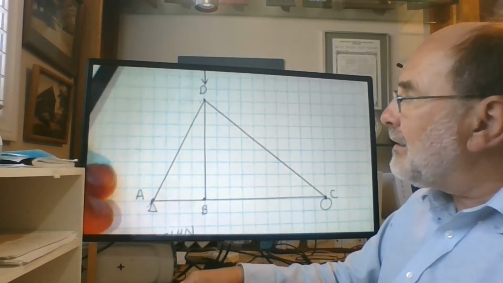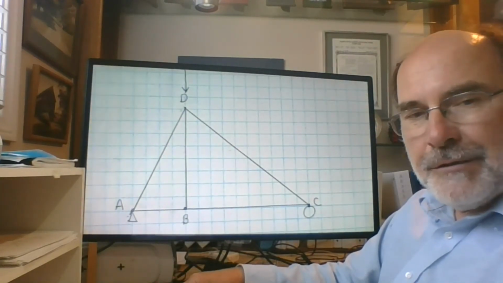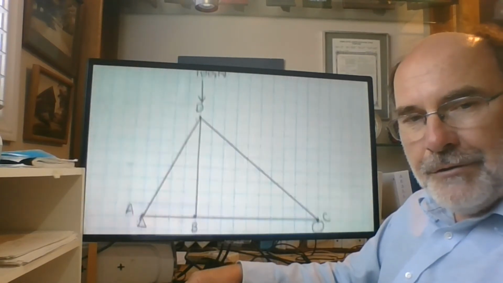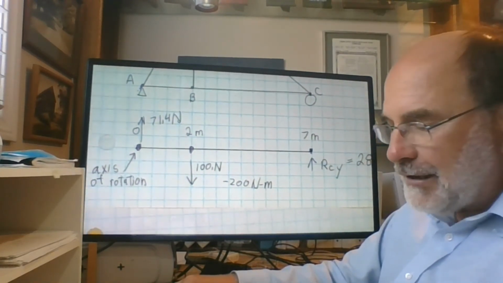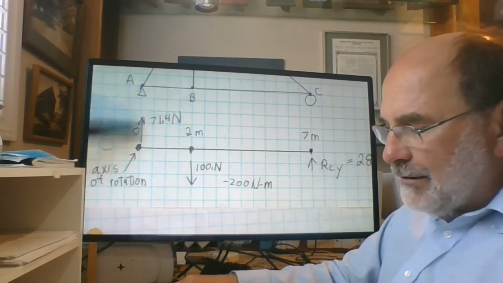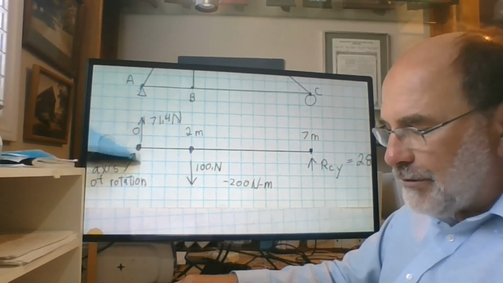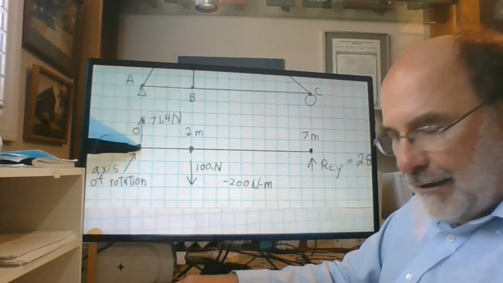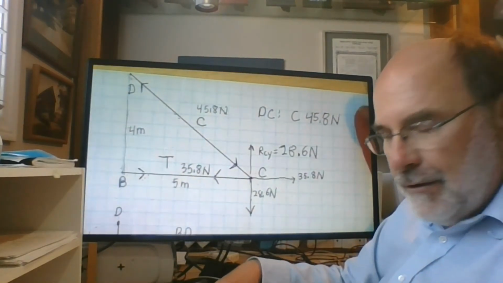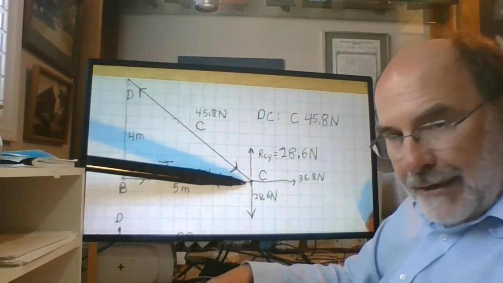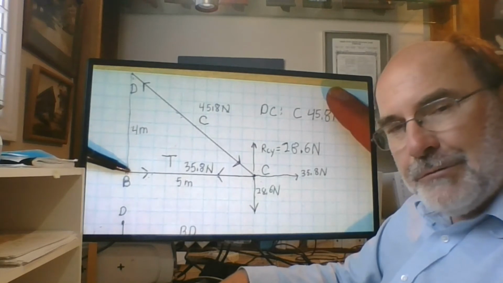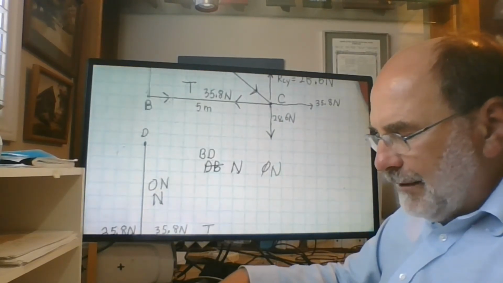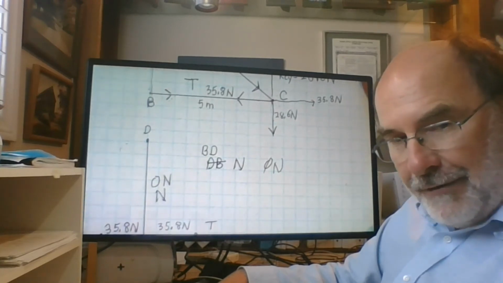Okay, so now that I can zoom in a little bit more, here's the original problem, load of 100 newtons at point D. I simplified it as if it were a straight line as far as calculating the reaction forces. Here was the 71.4 newtons reaction force acting through the pivot point A. In addition, we went on, at least I did, hopefully you went with me, and figured out by analyzing point C first, that's just my style, that B was being pulled to the right, and therefore A is pulling B to the left.